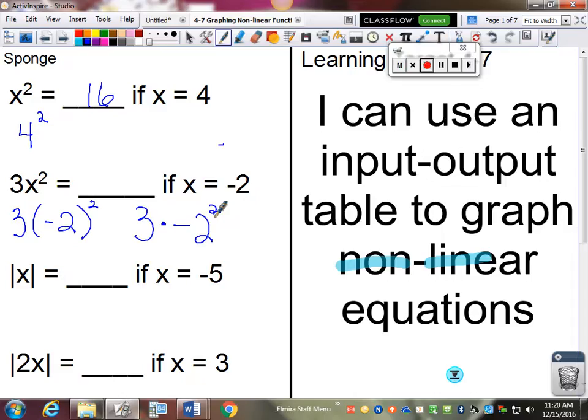You could still use the dot, but the negative 2, because it has an exponent, negative numbers, whoops, I forgot to write the negative sign. Okay, negative numbers with exponents need parentheses.